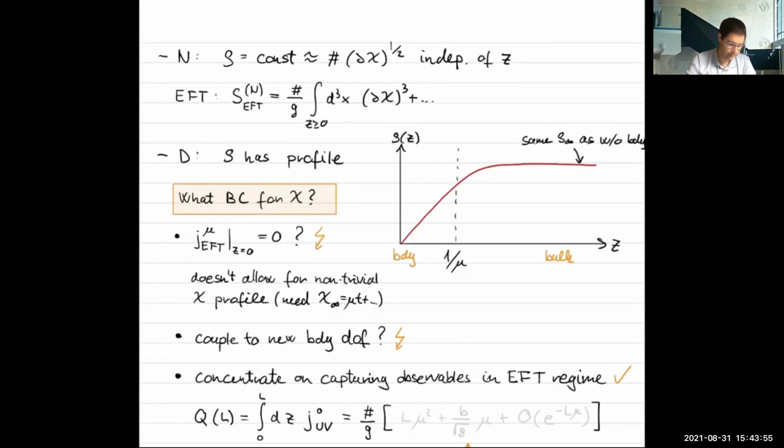So that's no good. So this was the original puzzle, and then we tried to come up with some better answers. First idea was that maybe we have to couple this theory to some boundary degrees of freedom that will somehow impose that the charge density has to go to 0 at the boundary. That didn't bear any fruit.